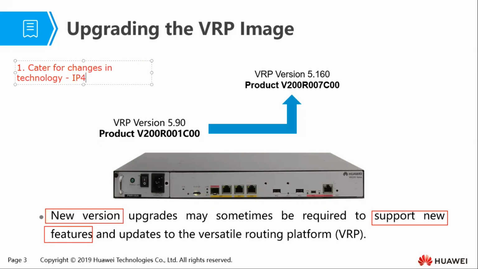For example, we are still moving from IP version 4 to IP version 6, so you might need a VRP that understands IP version 6 if you need to deploy it within your network.